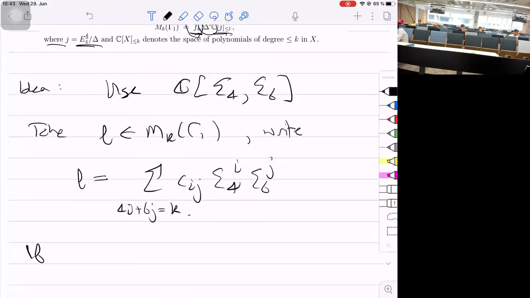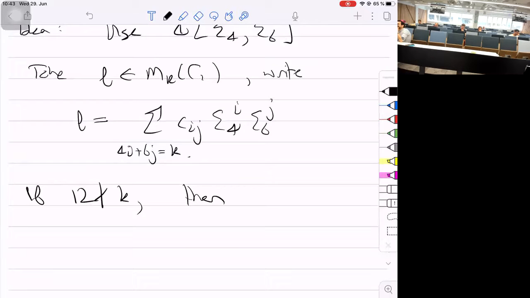Now, if the weight is not divisible by 12 already, then there can't be both an E4 to some power term and an E6 to some power term. So we have to miss one or the other off. Otherwise, if we had both, then in fact the weight would be divisible by 12.